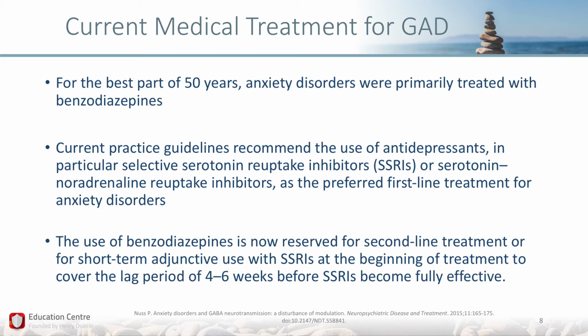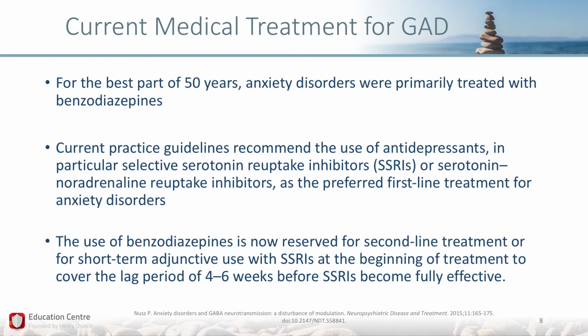So it's trying to keep those neurotransmitter levels in the synapses as long as possible to create the desired effect. That was the first line of treatment used in GAD, in the chronic anxiety disorders.